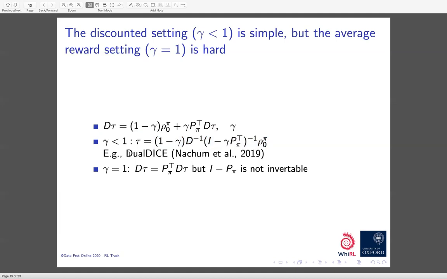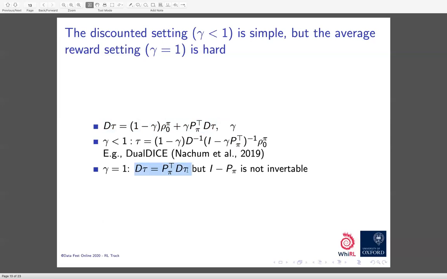So anyway, when gamma is smaller than 1, the problem is not very hard because the solution to this equation is unique. But when gamma equals 1, we have some problem. Let's say if gamma equals 1, then this term will simply disappear. So this equation will degenerate to this one.